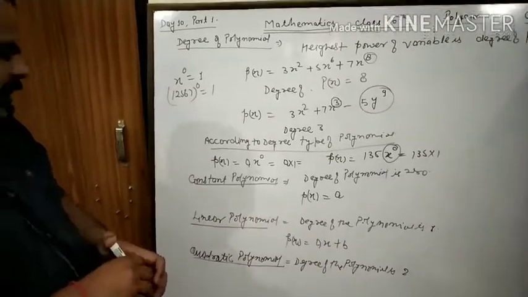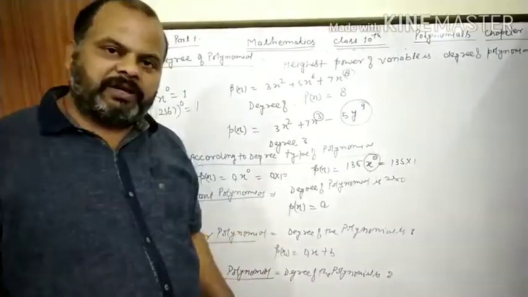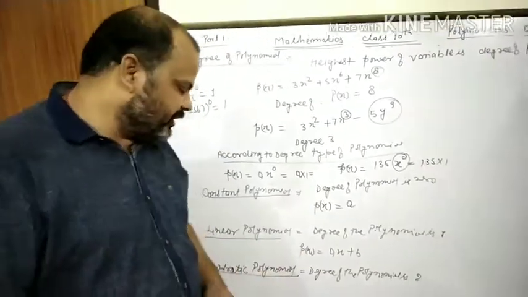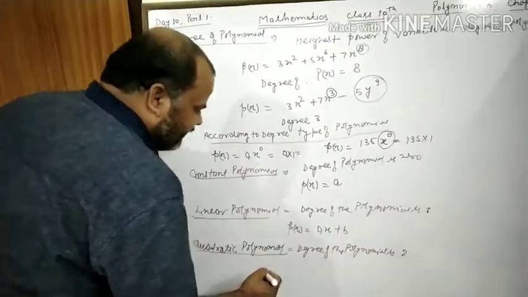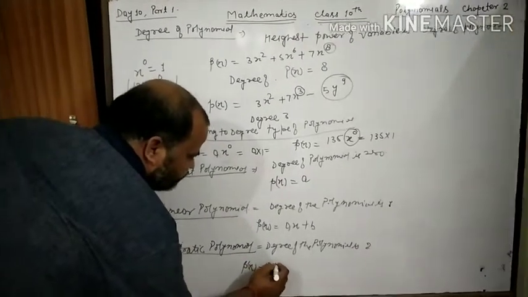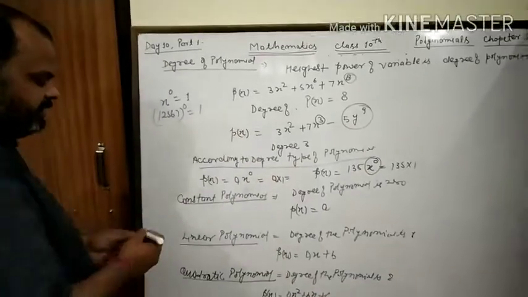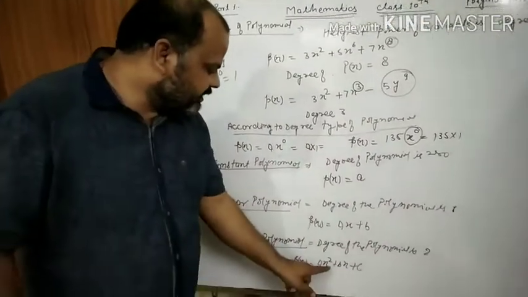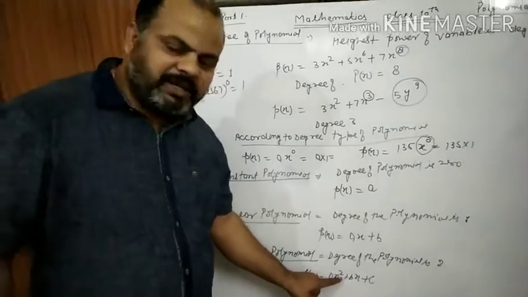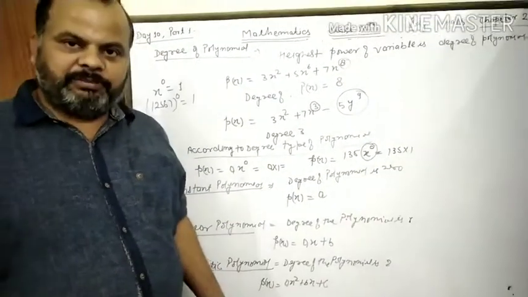If any polynomial's highest power is 2, it is called the quadratic polynomial or second degree polynomial, and the standard form of the second degree polynomial is p(x) = ax² + bx + c. You see in this the highest power of x is 2. That's why it is called the quadratic polynomial.